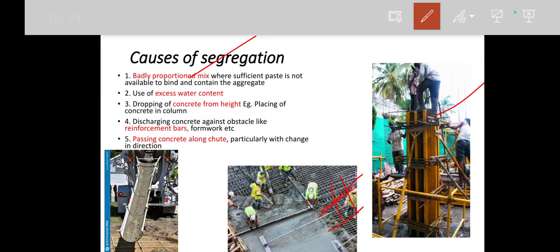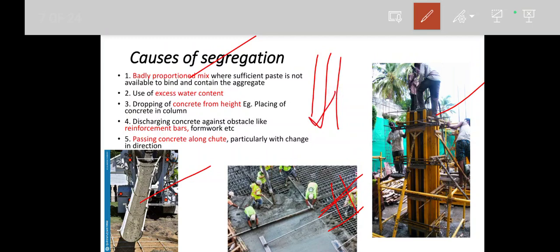And also when we are using a chute, mainly this chute is always attached to the RMC transport truck. When you are placing, if there is any change in direction, suppose the chute is along the direction of the flow of concrete, then no worry.